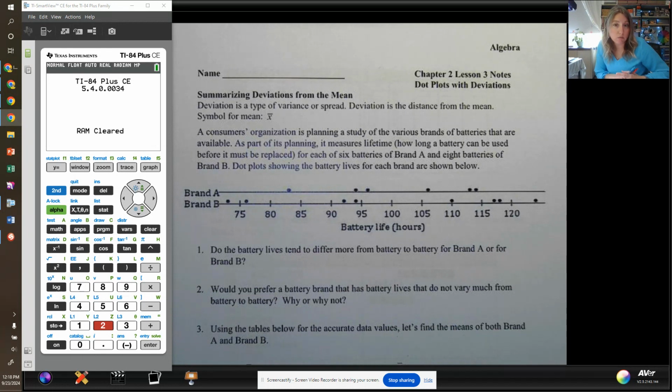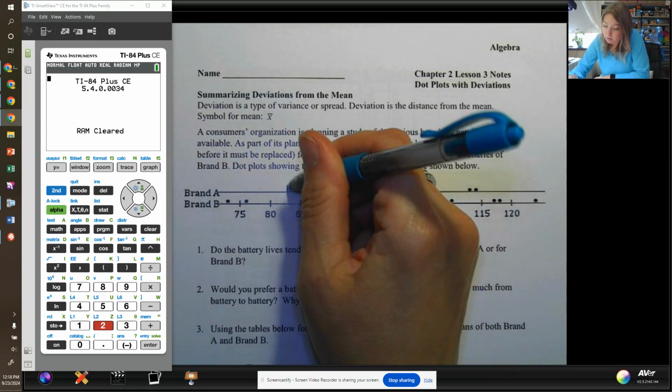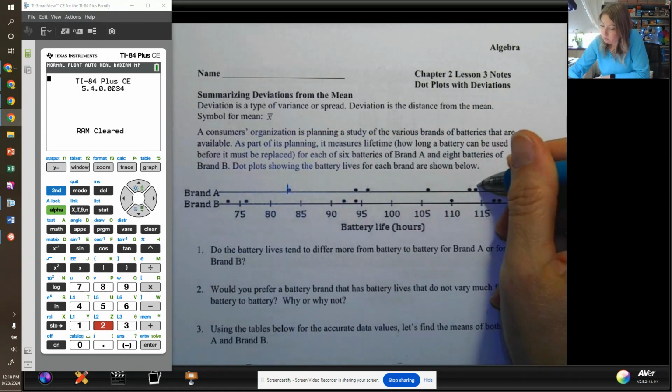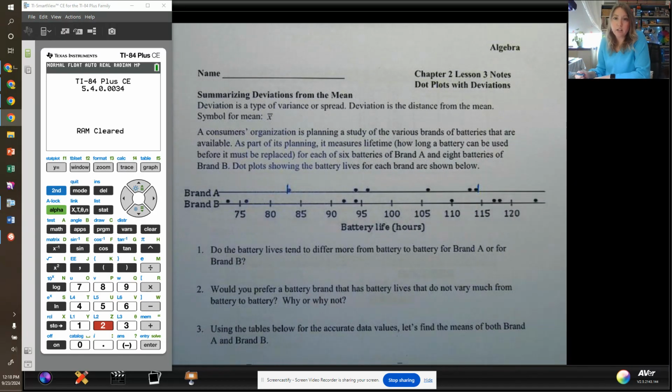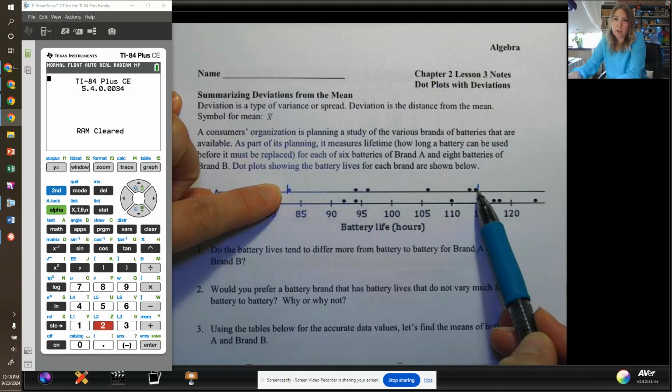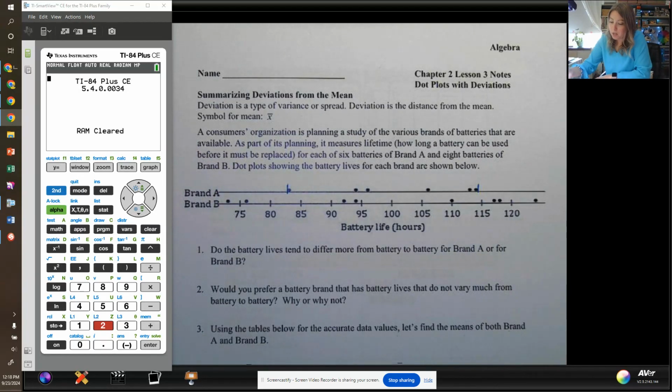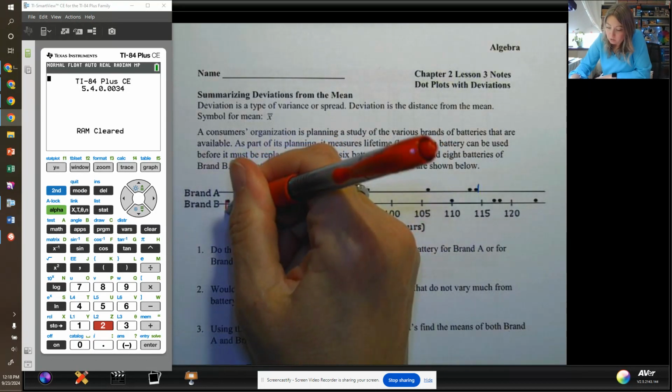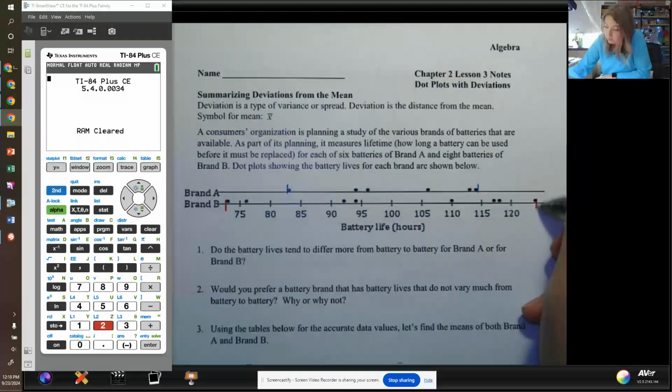Okay, well, look at brand A. Kind of just look at the range in brand A. You're from here to here, right? The lowest battery life to the highest battery life in brand A. And look at brand B. The lowest and the highest. We've got a big difference there.